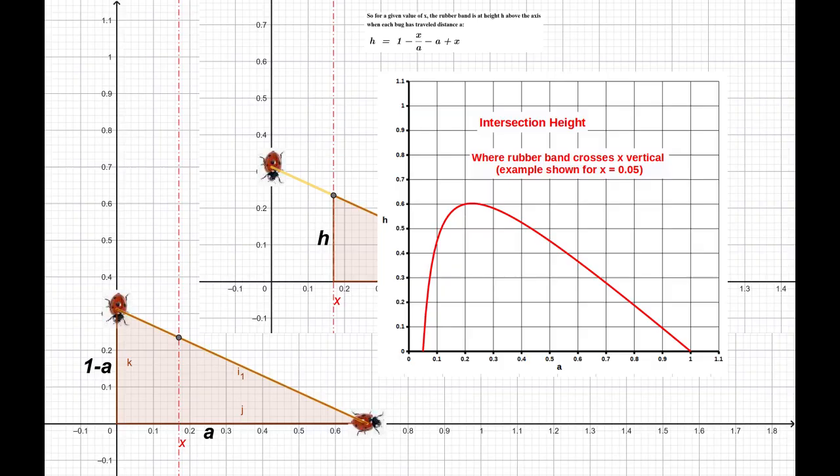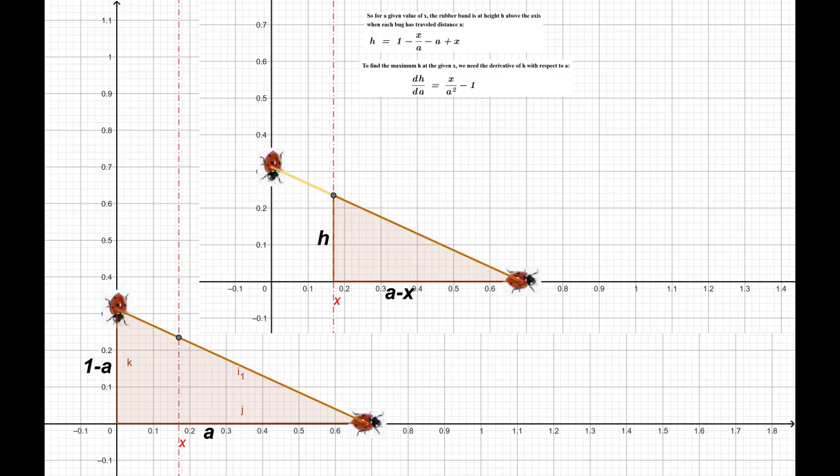So let's look at that equation for h in terms of x and A again. And remember, to find the peak of this curve, we're thinking in terms of a fixed value of x and varying A. I've got h equals (1 minus x) over A, minus A plus x, but 1 and x are constants as we vary A. So the derivative of h with respect to A, dh/dA, is x over A squared minus 1.